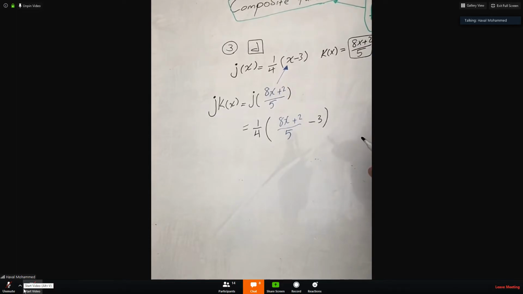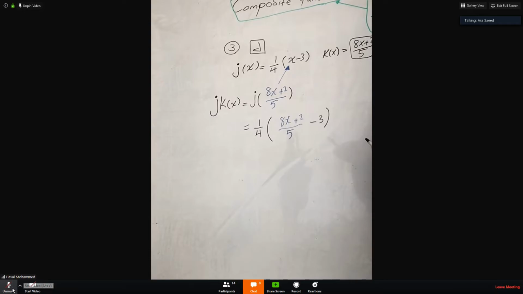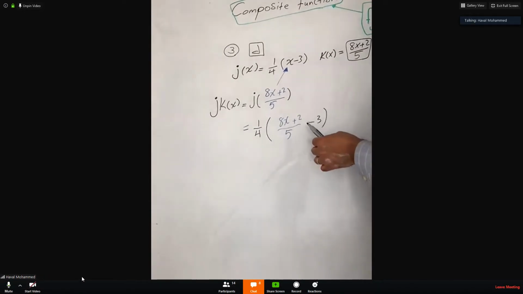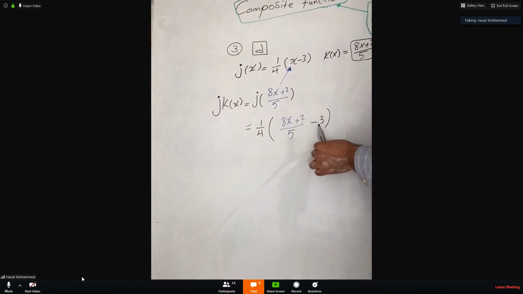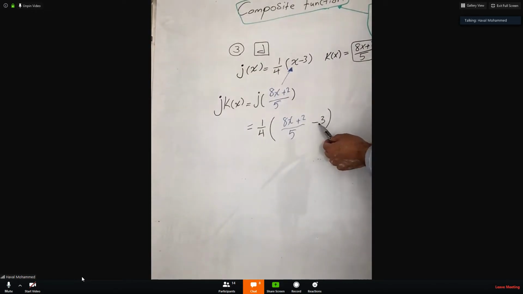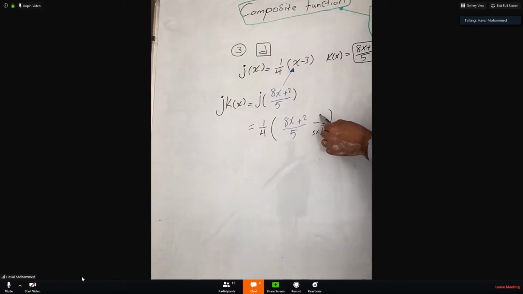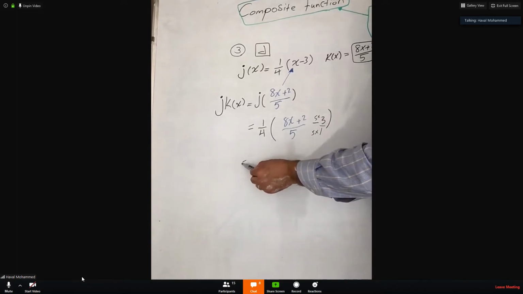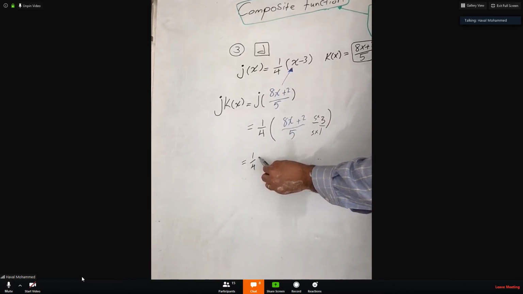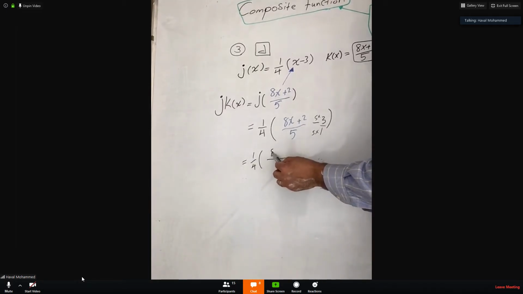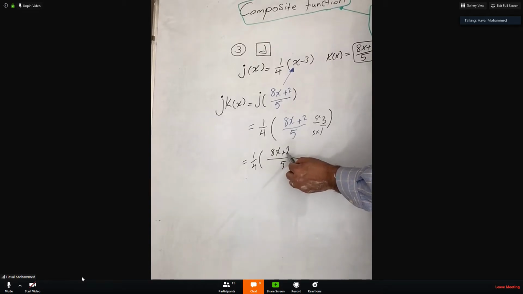You understand? Yes, sir. Okay. And now here, what to do? You use a bit of math first. Find the same denominator. What's the same denominator? It's 1 here, then I have to times by 5. Then you write 1 over 4 as it is, and this is 5 times (8x plus 2).